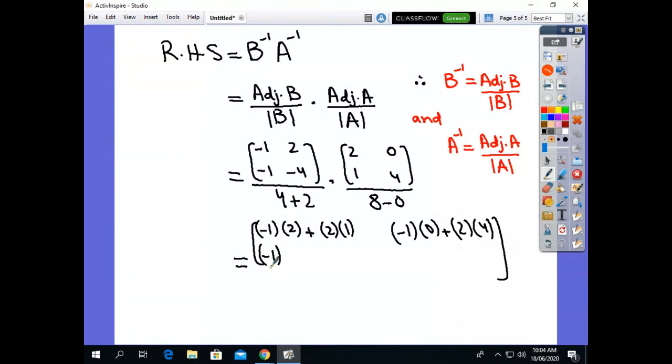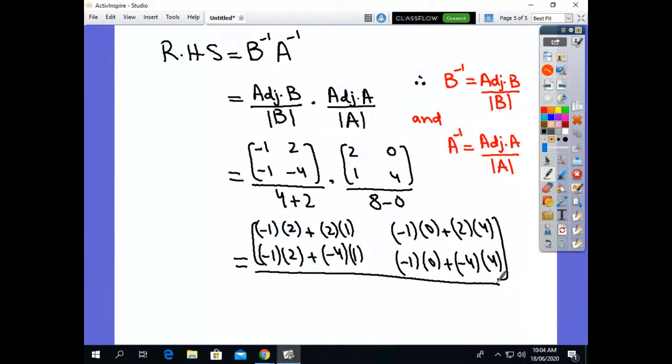Now second row, first column: -1 multiplied by 2 plus -4 multiplied by 1. Similarly, -1 is multiplied with 0 and -4 is multiplied with +4. In the denominator, we have 4 plus 2, which becomes 6. 6 is multiplied with 8 minus 0, which becomes 8. In total it becomes 48.